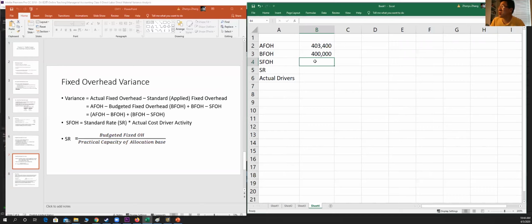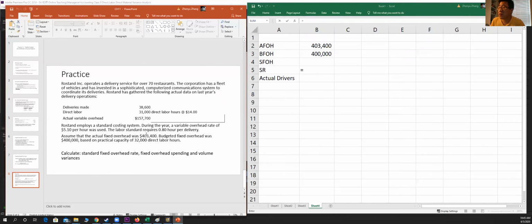So what is our budgeted overhead again? Our budgeted fixed overhead is 400,000 there, and all we need is practical capacity of allocation base. And what is capacity of allocation base? It is 32,000.